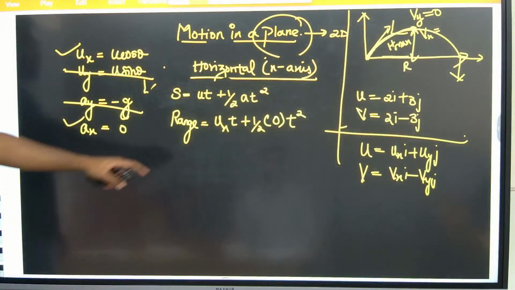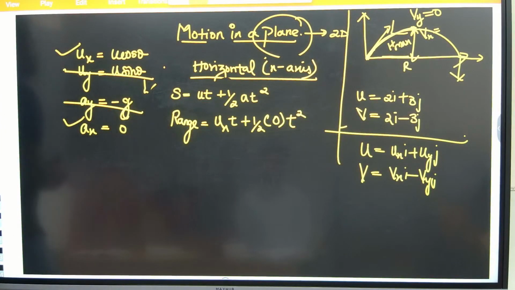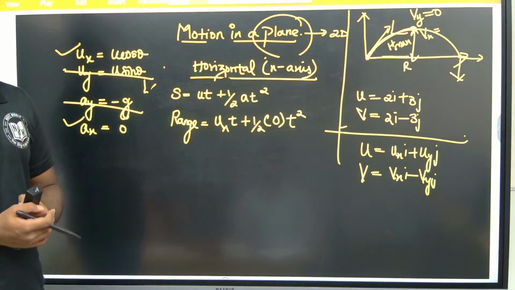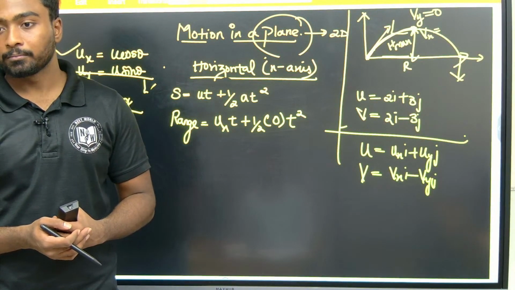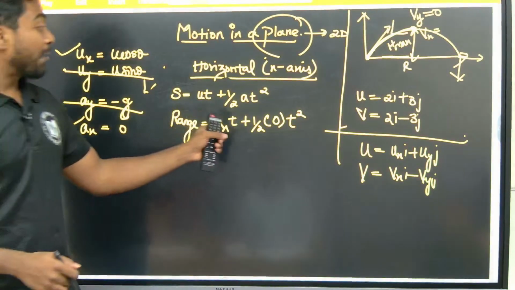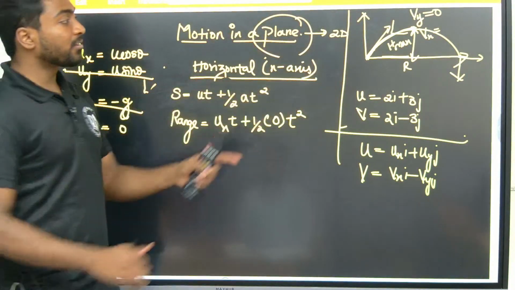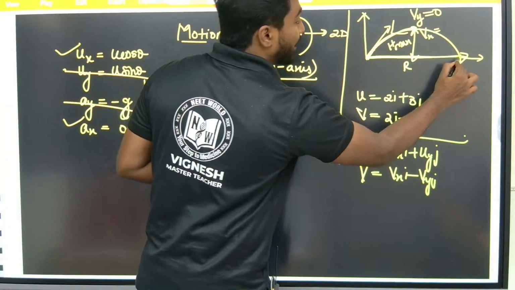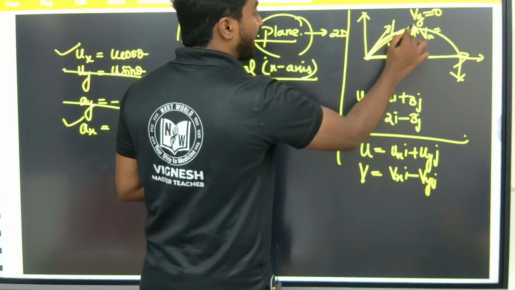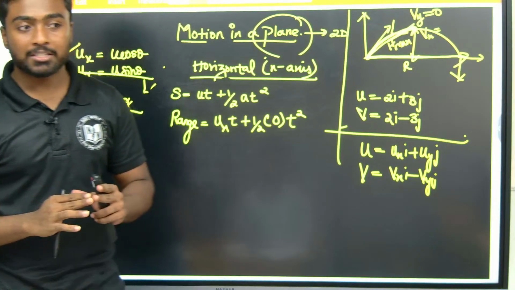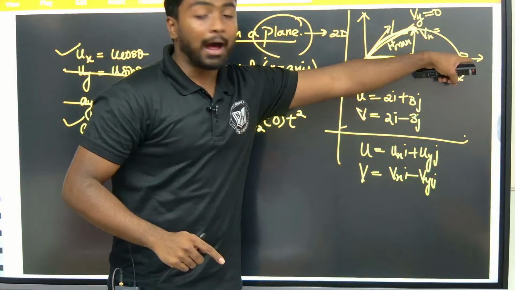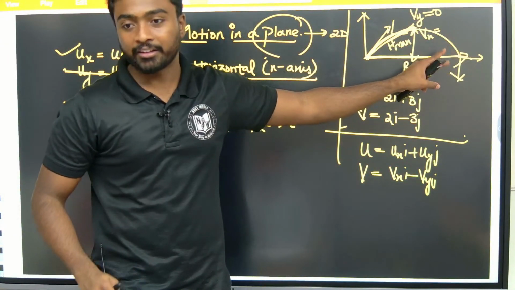So what is t now? t is equals to u sin theta by g we got. The time of flight we should take here, because the total time we should calculate. The time taken to reach h is u sin theta by g, but to reach again the ground it is 2u sin theta by g.